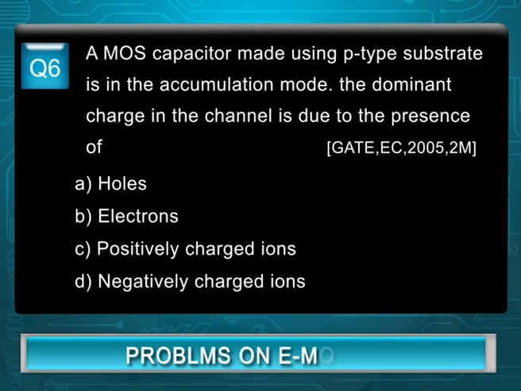Problem number 6. A MOS capacitor using P substrate is in the accumulation mode. The dominating charge in the channel is due to the presence of A. Holes, B. Electrons, C. Positively charged ions, D. Negatively charged ions. That's given in GATE EC 2005, 2 marks.